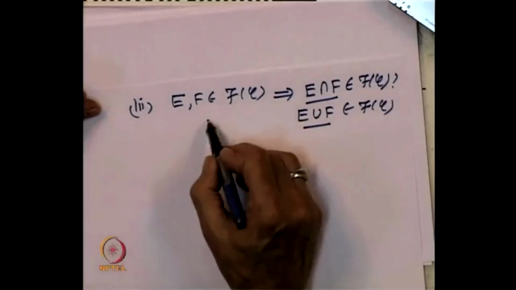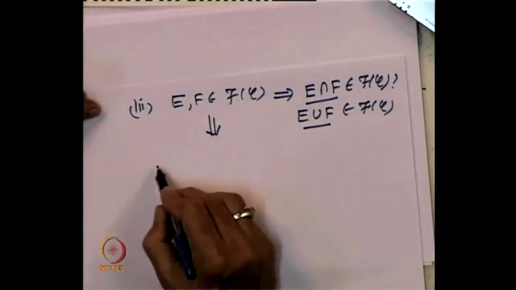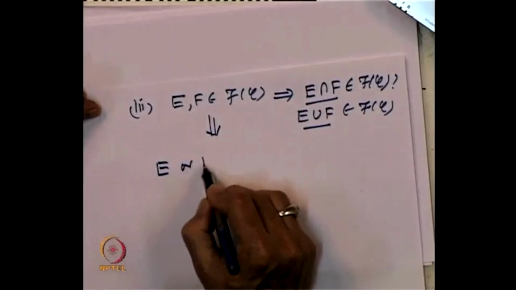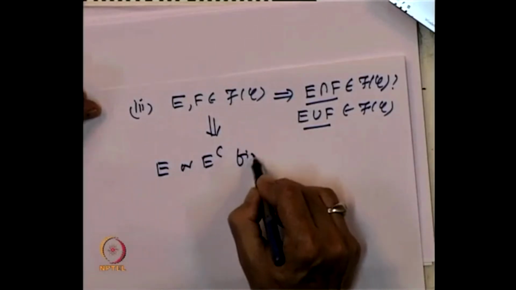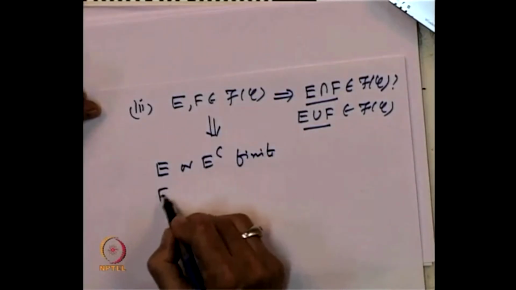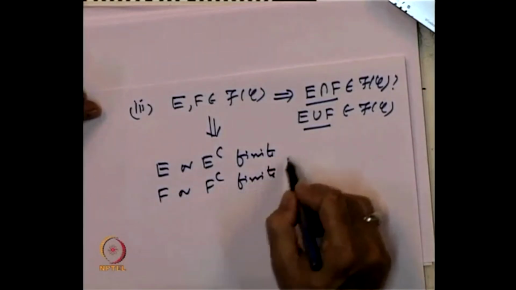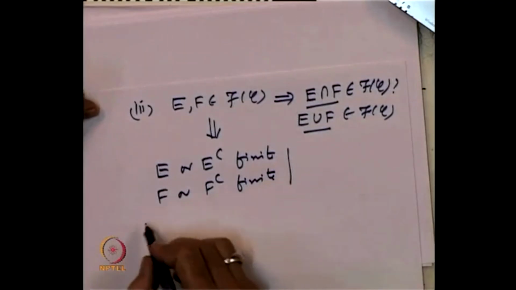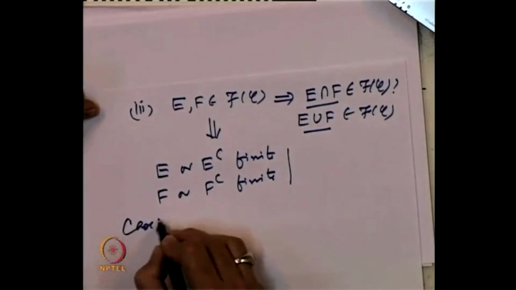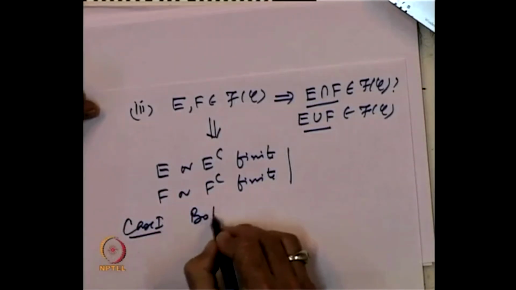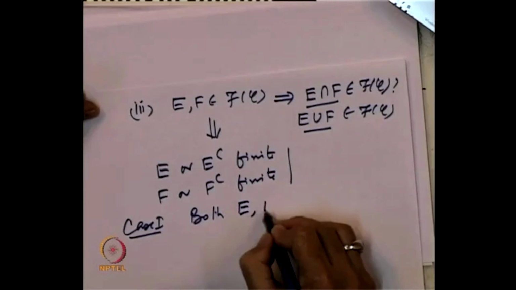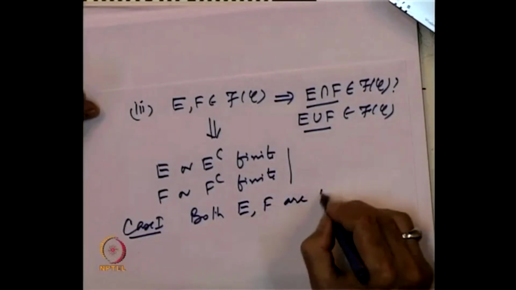So E and F belonging to f of C means E or E complement is finite, and F or F complement is finite. So various possibilities arise. So let us take case 1: both E and F are finite.